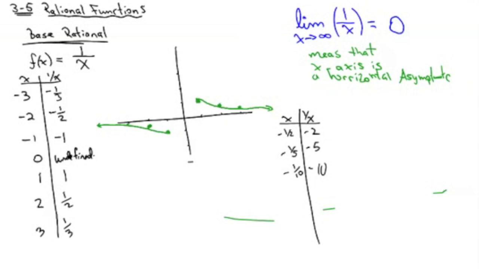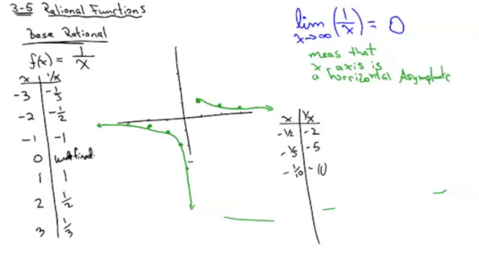So, negative 1/2, right about here, goes to negative 2, which is right about here. Negative 1/5, or negative 1/4, whichever, would go down to negative 4, which would be like right here. So as it goes down, it would keep going down forever. Put in negative 1/100th, it would go to negative 100.